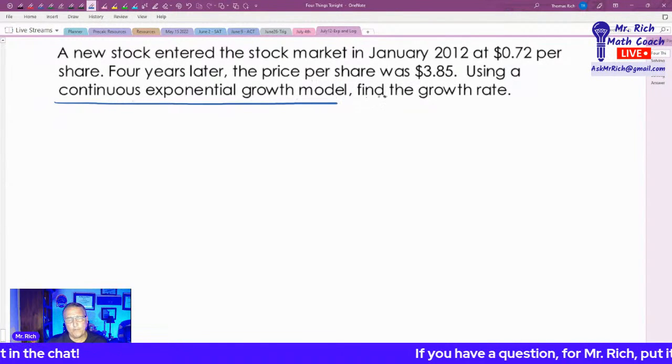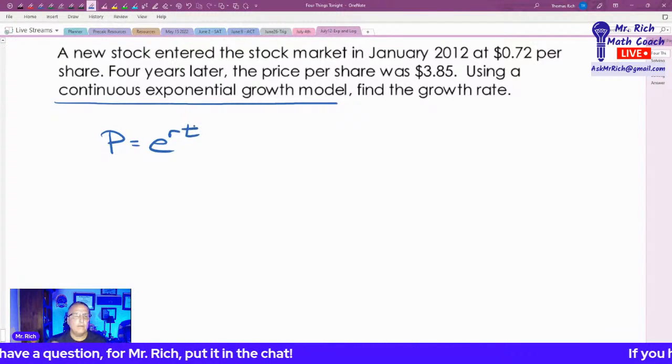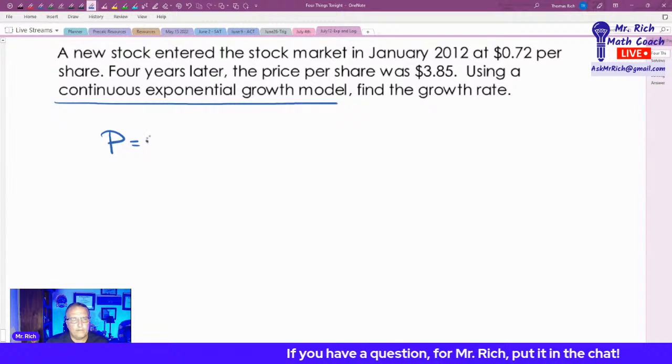Well, continuous exponential growth, that is a model that looks like this. We'll say A of t is equal to A0 times e to the rt.